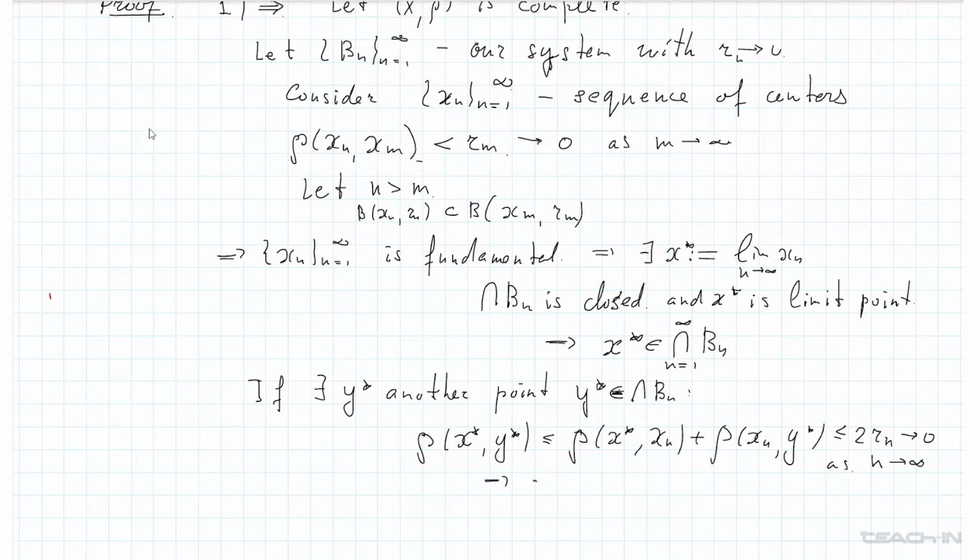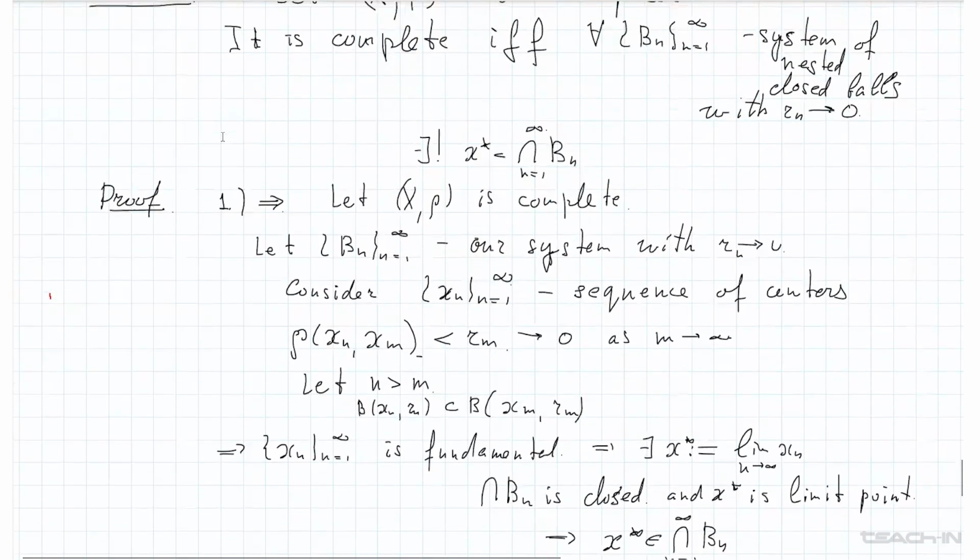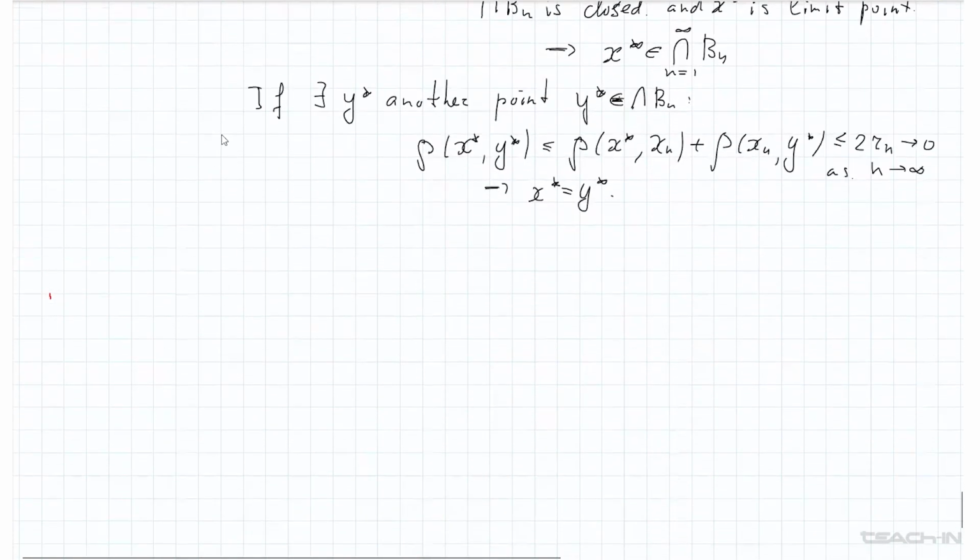So we immediately obtain that x star coincides with y star. So the first step of our proof is finished.